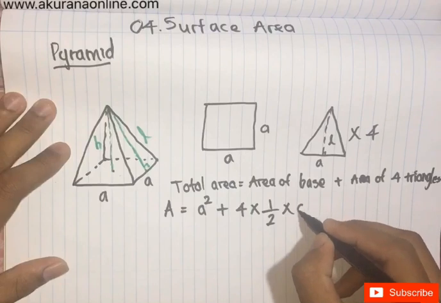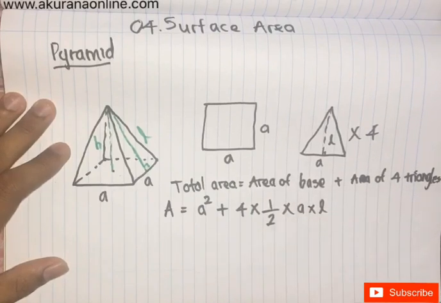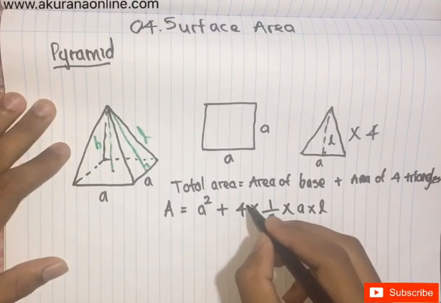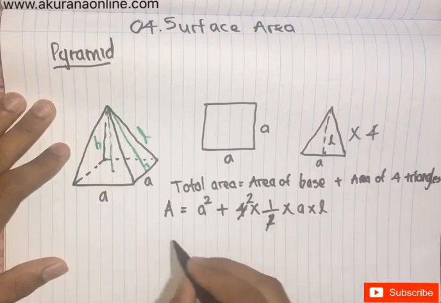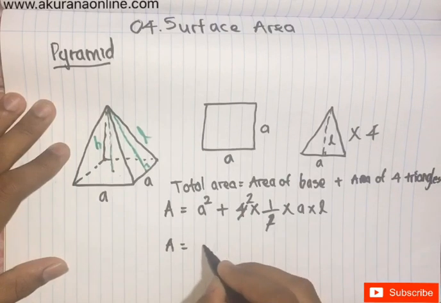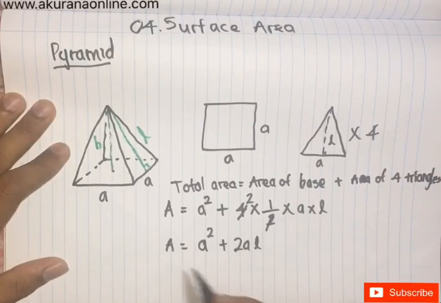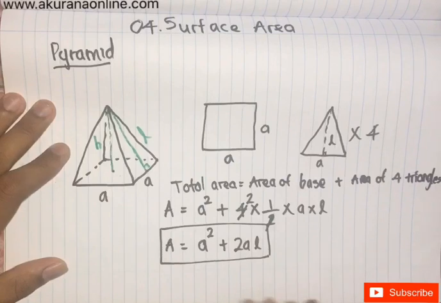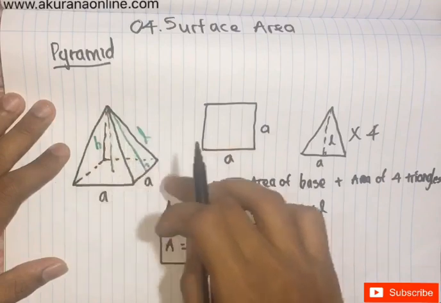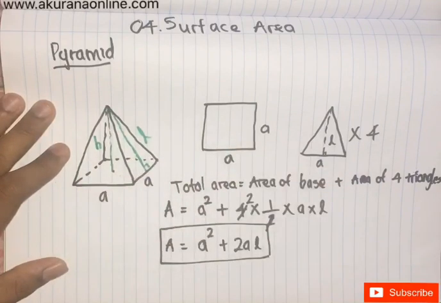A into L. Now you can simplify this part. The half and 4 give 2, therefore 2AL. Therefore total area is equal to A squared plus 2AL. This is the equation if you need to find the surface area of a square base pyramid. A squared is the surface area of the bottom part, and 2AL is the surface area of all four triangular surfaces.